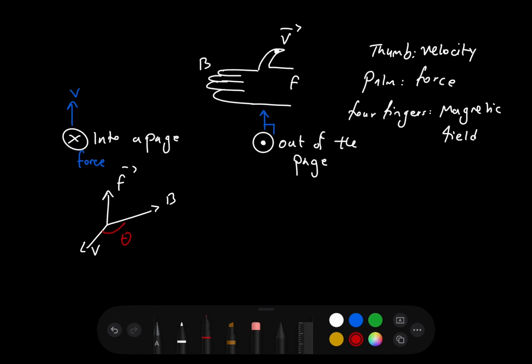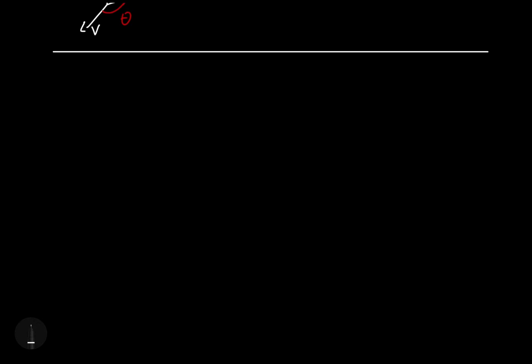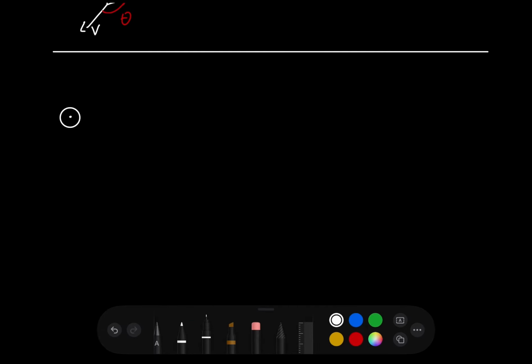Now, let's go ahead and solve a couple of problems. Let's say we have an example in which the force is going into the page. So the palm of your hand should be going into the screen. Let's say the velocity vector is to the right, so your thumb should be facing the right side.